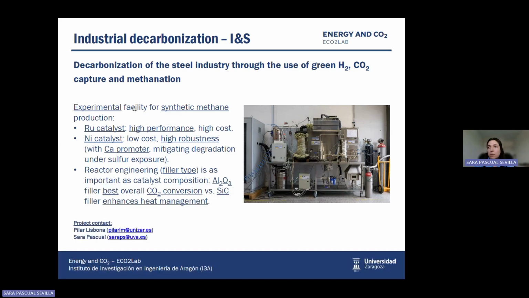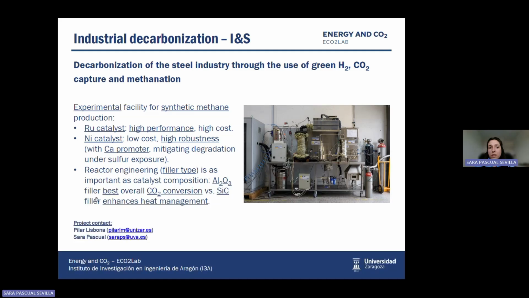Here in the experimental step, we analyze two catalysts and also the reactor design. We mainly compare ruthenium catalyst, which is highly efficient but expensive, and nickel catalyst, which is cheaper and more robust. We found that calcium-promoted nickel offers a very promising solution because it improves the resistance to sulfur poisoning.